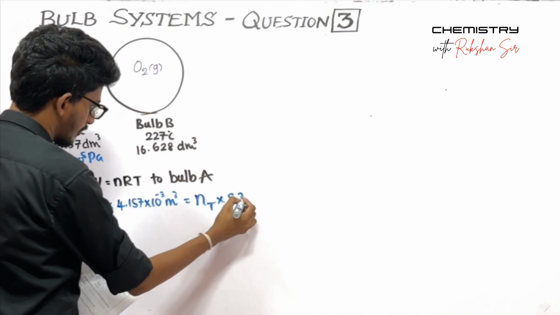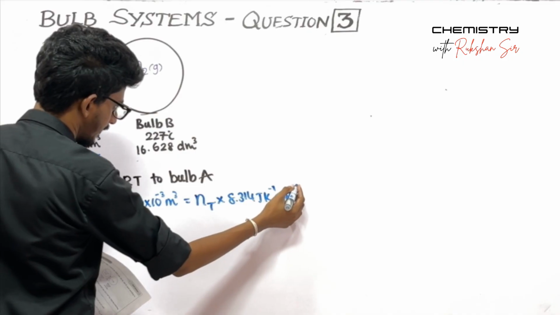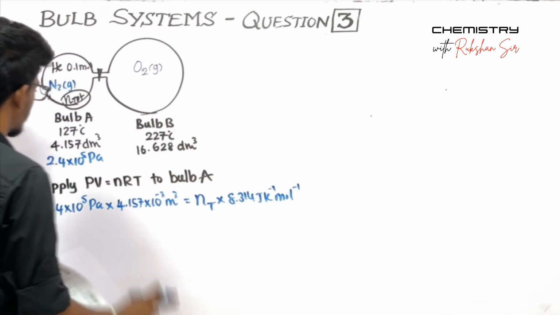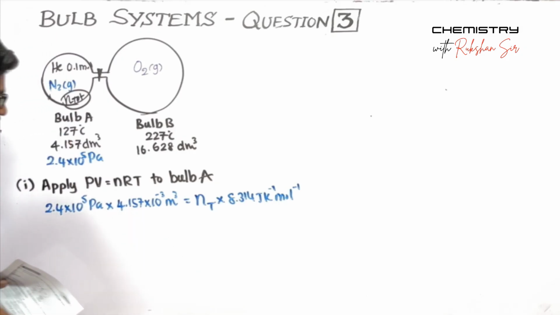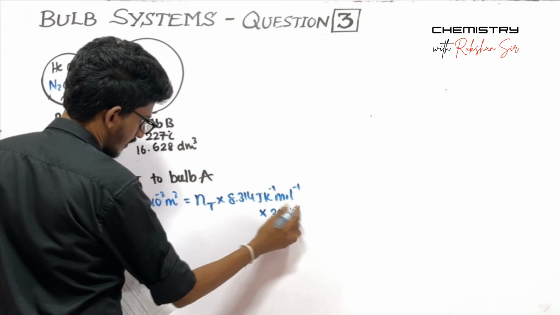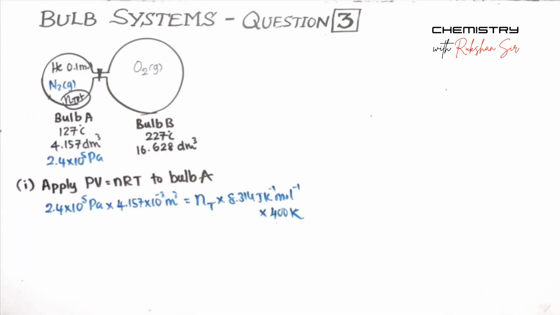R is 8.314 joules per Kelvin mole, and T is given as 127. That means let's take it as 300. Sorry, 400. 127 means 400. Right. Let's simplify this stuff.